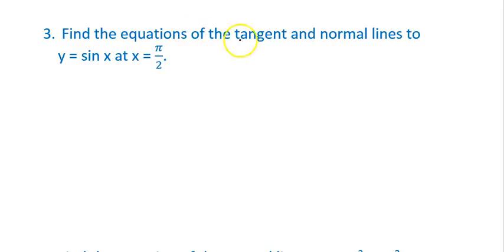Okay, for example 3, we're going to find both the equation of the tangent line and the normal line, and we're going to pull some trig in so that we're using all of our derivative type thinking skills. So we need, again, a point and a slope, and we're going to do the tangent line first.